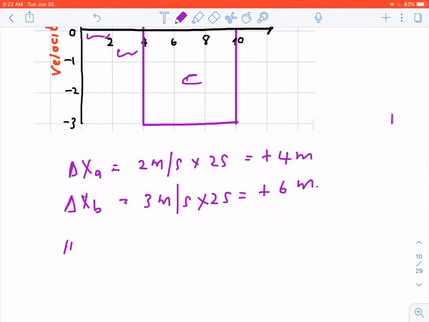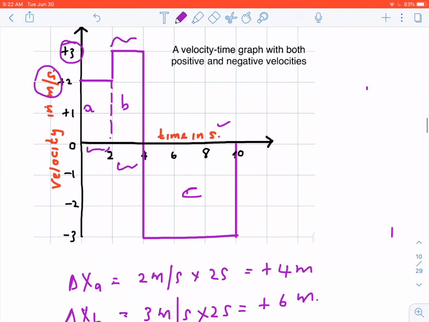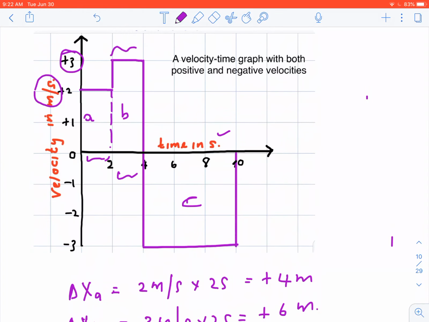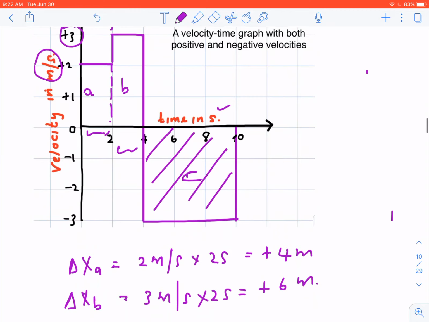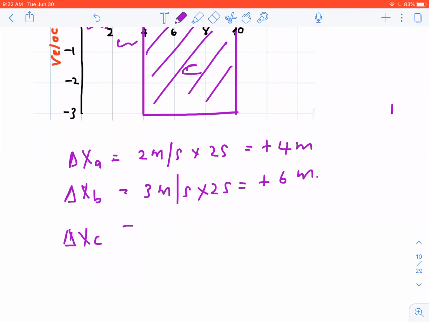Then change in x of C. Now here we have that graph, and we need to determine that displacement, and that would be minus 3 meters per second as reflected there.